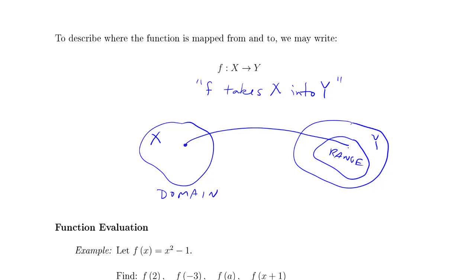All the X's are getting mapped, but they're only ending up in the specific part of Y that's the range. So Y itself isn't the range. Y is often called the codomain. It has the range inside of it, but it has members that don't get mapped to from X.